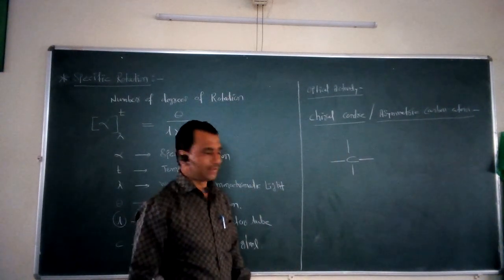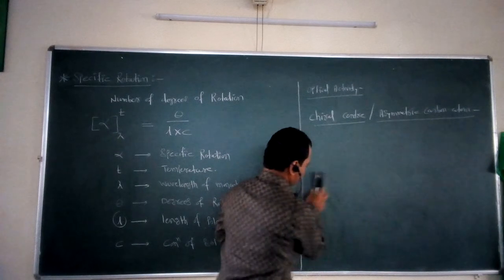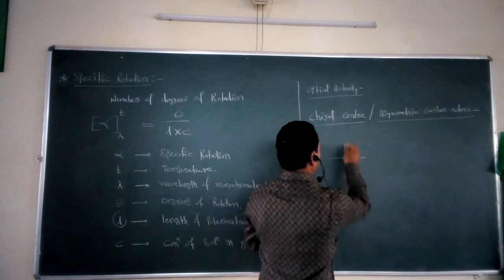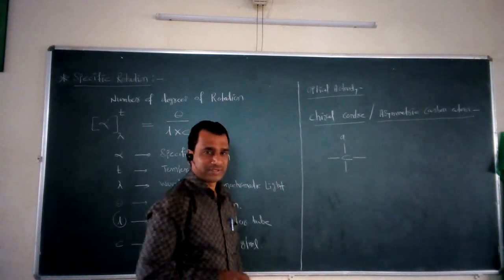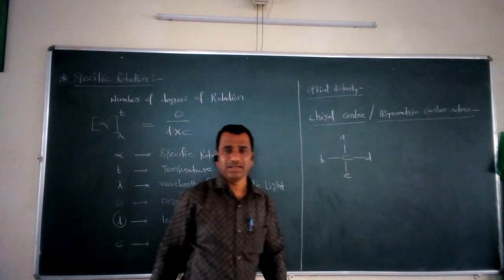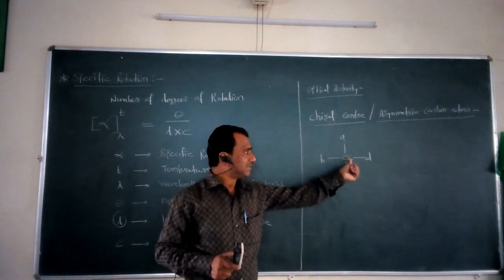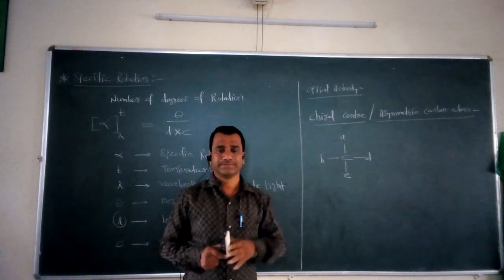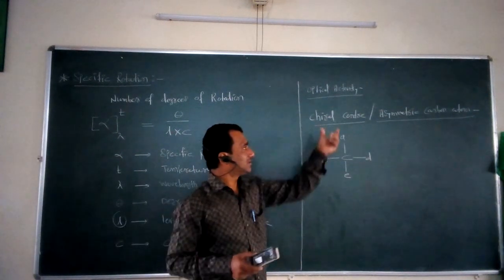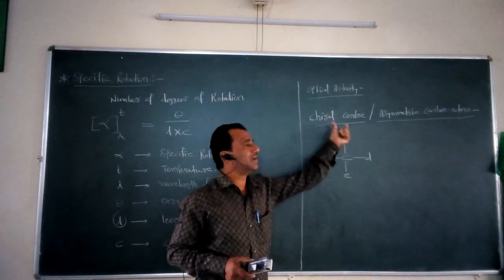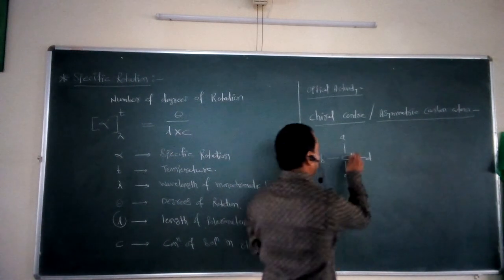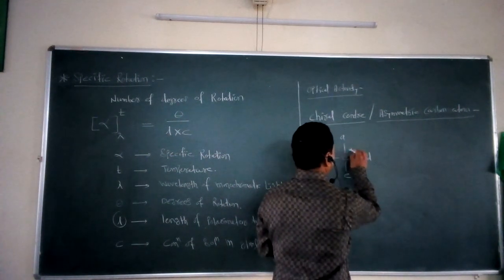Suppose this carbon is attached to atoms or groups A, B, E, D. If a situation is there in which this carbon is attached to 4 different atoms or groups, at that situation that carbon is called the chiral center, or the asymmetric carbon atom, and such a carbon atom can be indicated by an asterisk mark.